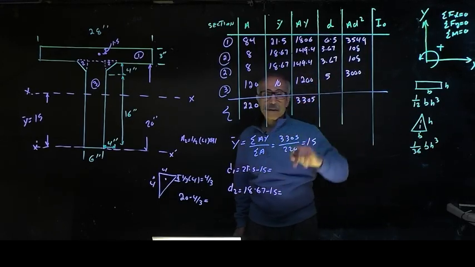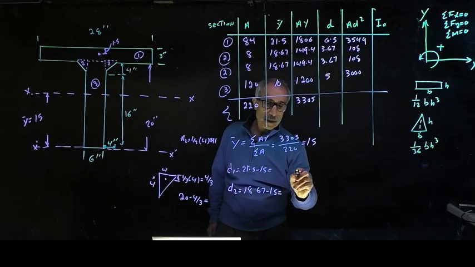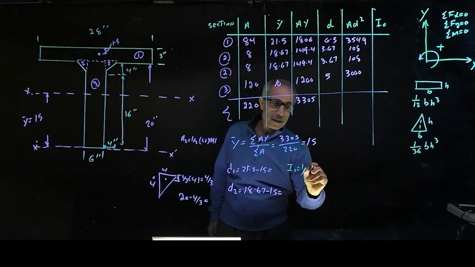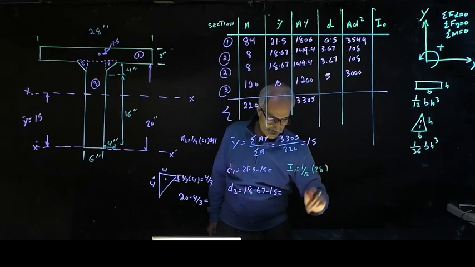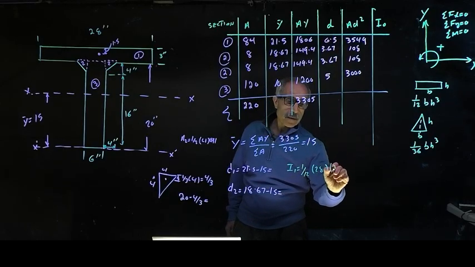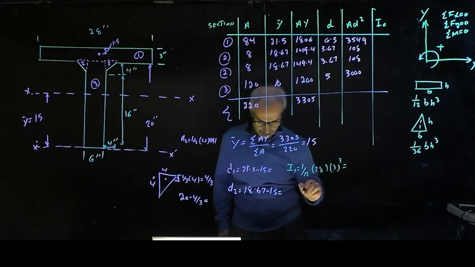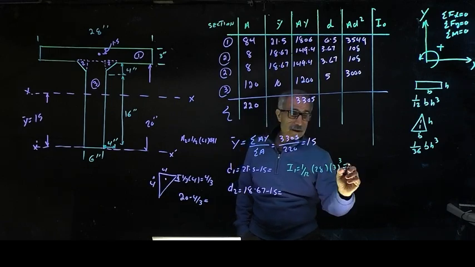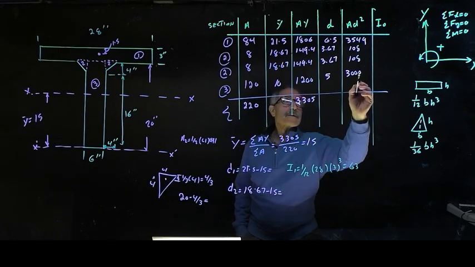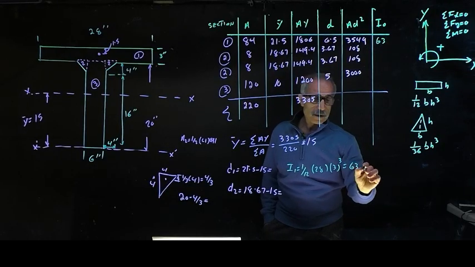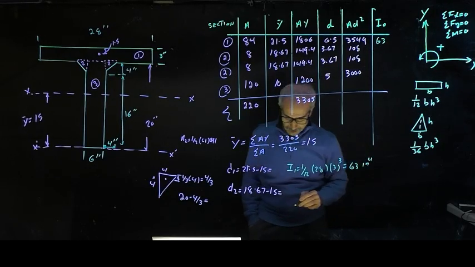The first one is I1. I1 is equal to 1/12, b is 28, and h is 3 to the power 3, and that equals 63. So I got 63 inch to the power 4.